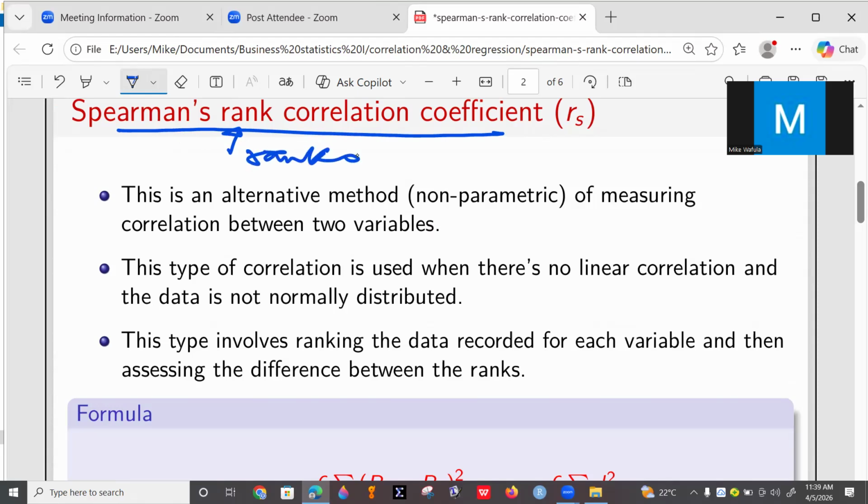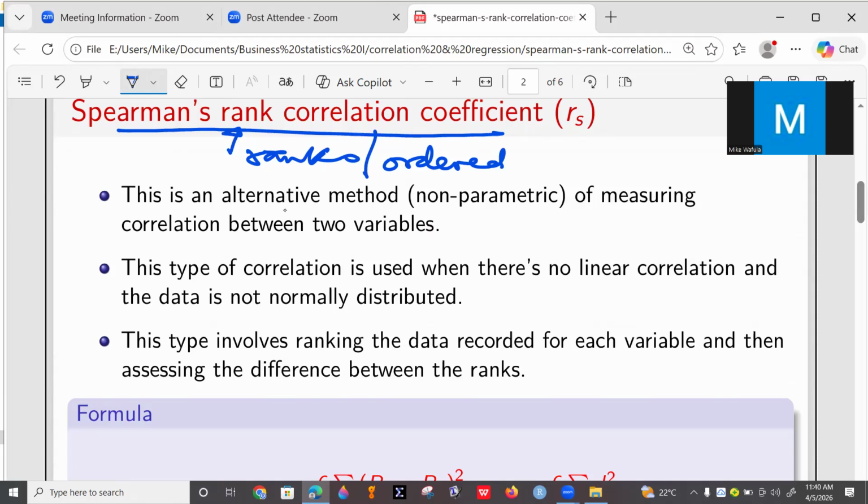So the data must be put in ranks if it's not in ranks, or in other words, must be put in some ordered manner. Ordered means it can be reorganized in such a way that the variables are arranged separately from the smallest to highest, or from highest to smallest. That is what we call ranks, or ordering, or making it ordinal data.